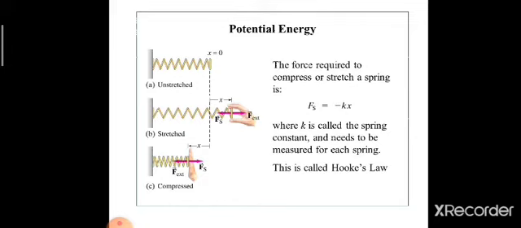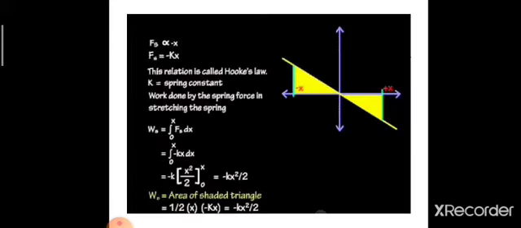This expression is called Hooke's law. The minus sign just notates that the restoring force will be opposite to the applied displacement or applied force. We know F_s is proportional to -x, or F_s = -kx.